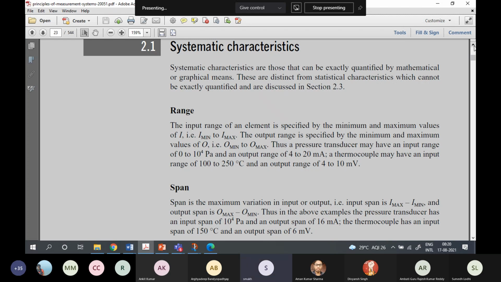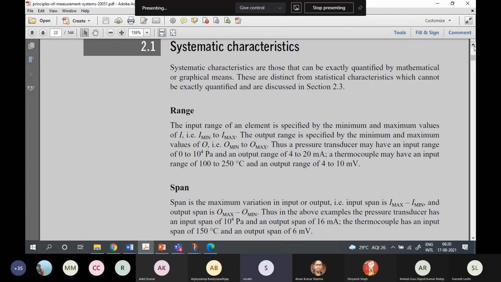So we will now try to understand the meanings of these typical values, so that when we see a data sheet of a sensor, and this is very critical, I want you to gain that competency that if you read a sensor data sheet, you will be able to make sense of it.